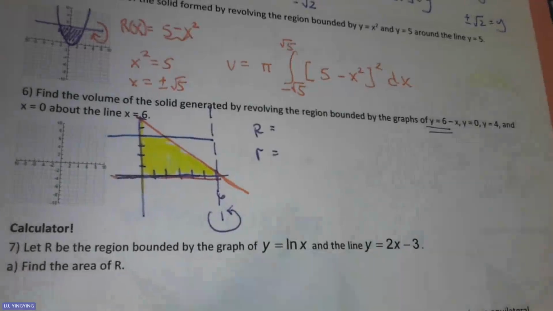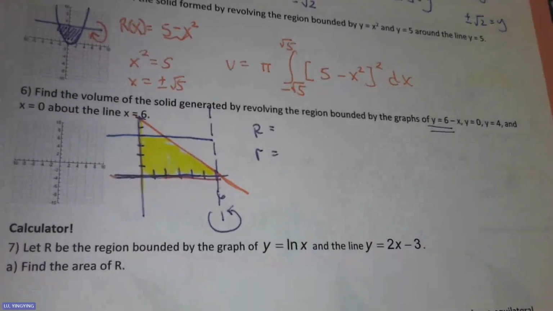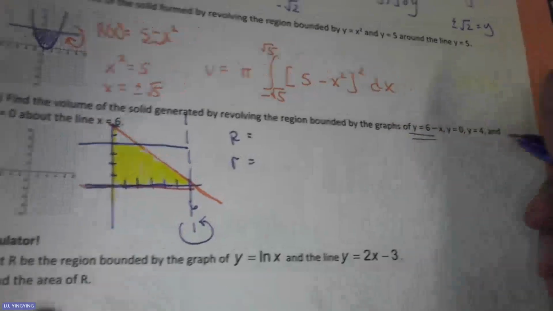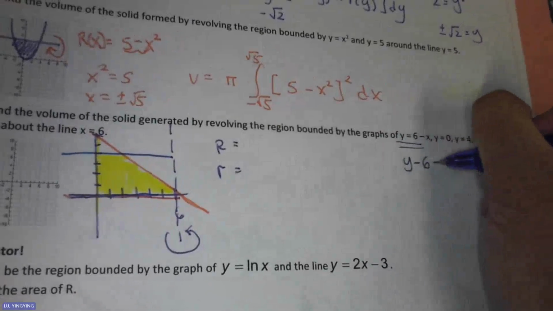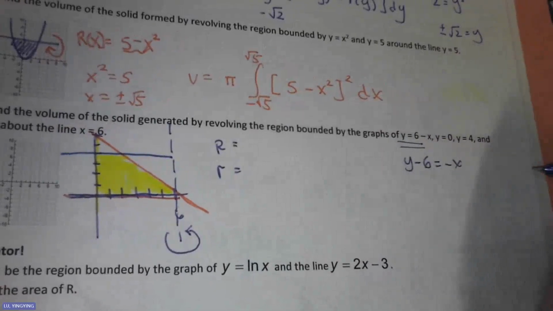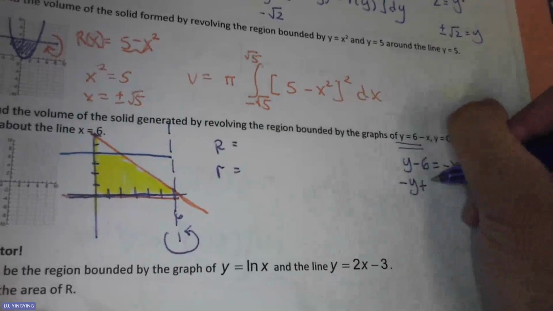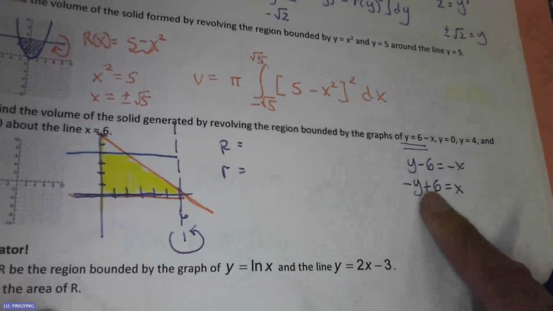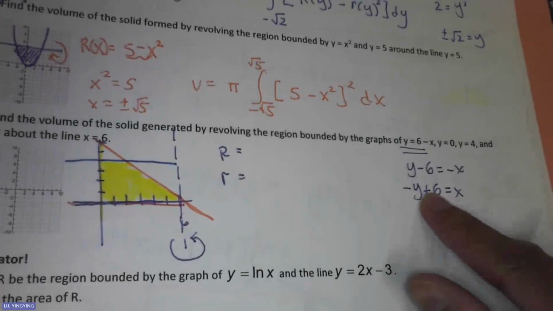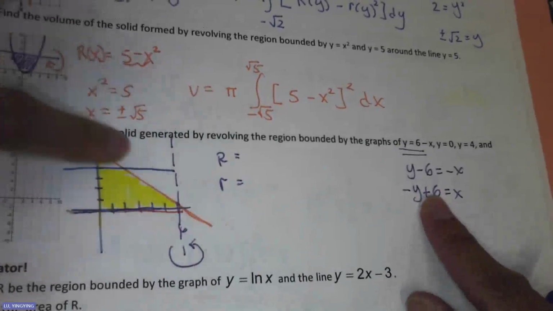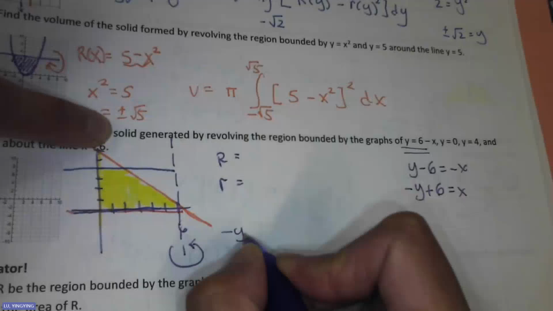This is not, so you have to solve it. How do you do that? Subtract 6 on both sides: y minus 6 is negative x. How do you get x by itself? Negate both sides. We need the equation to be in terms of y, not x. That's the number one thing people don't do. So the line here is negative y plus 6.